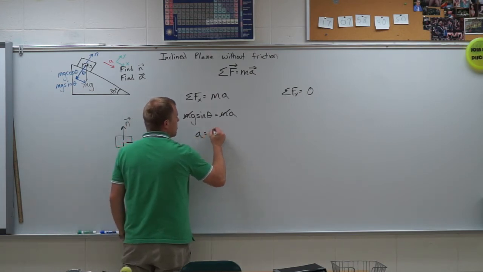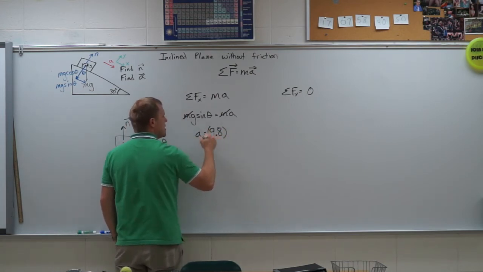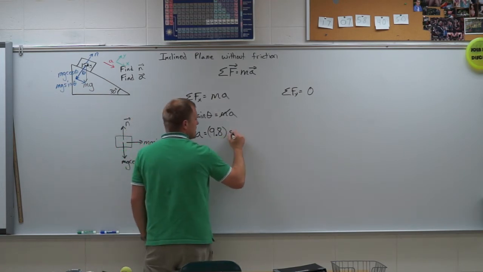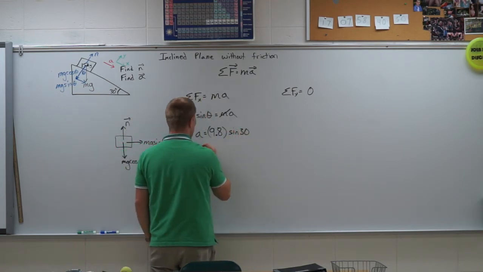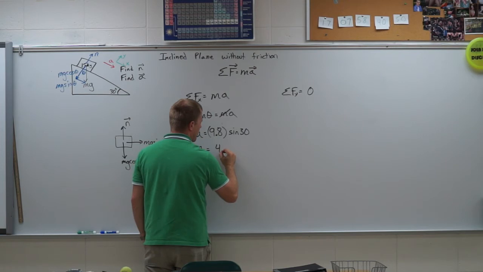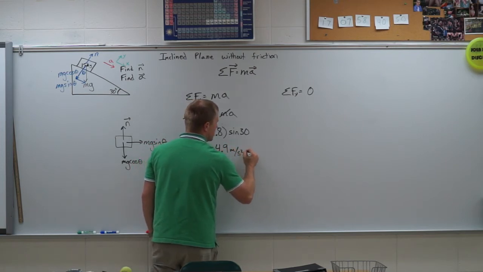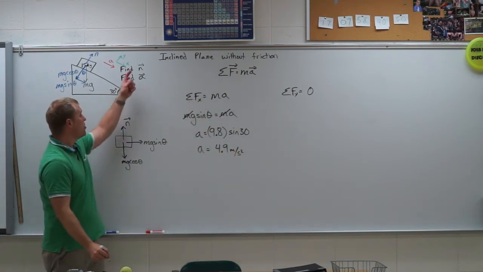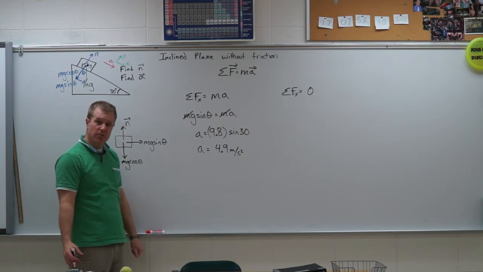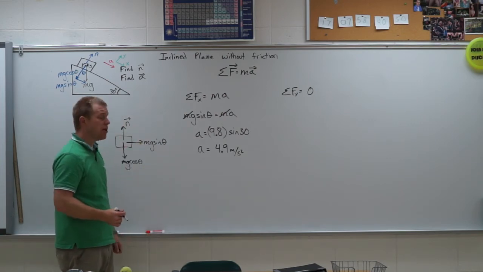So my acceleration is going to be 9.8, because remember g is just a positive 9.8, times the sine of 30. And so my acceleration is 4.9 meters per second squared. Now what about the normal force? Well, the normal force we usually solve for in the y direction, and there's no difference here.